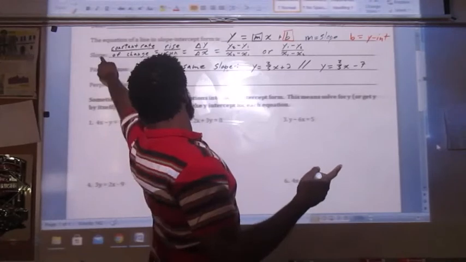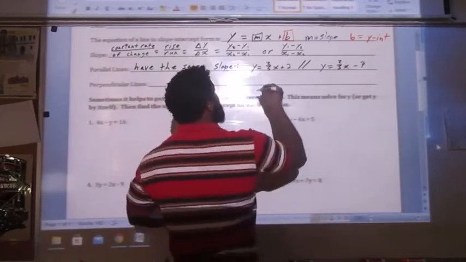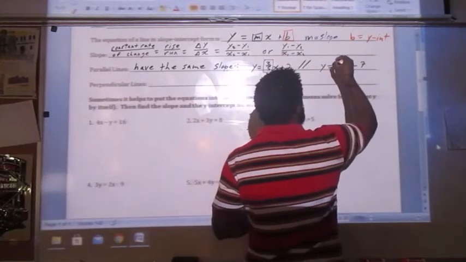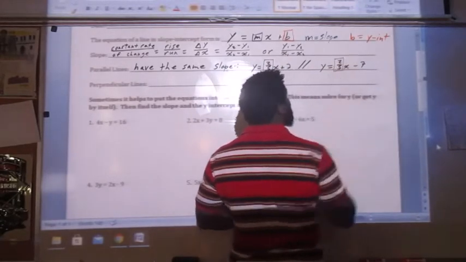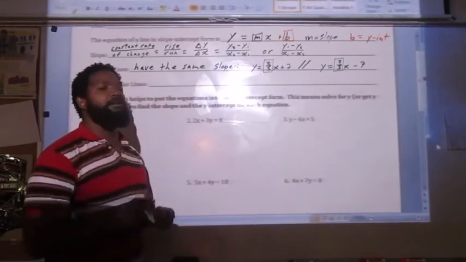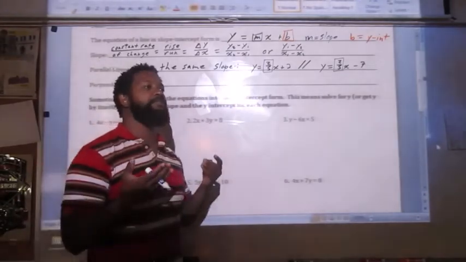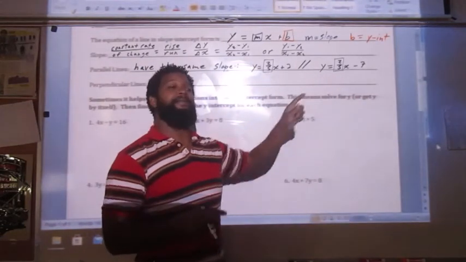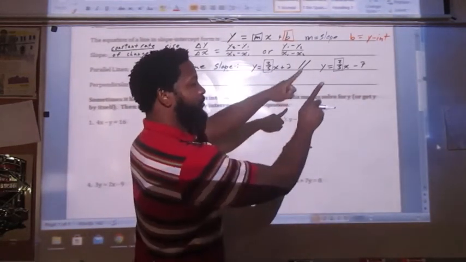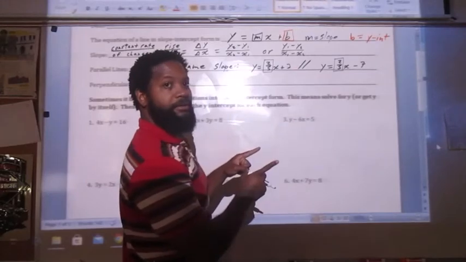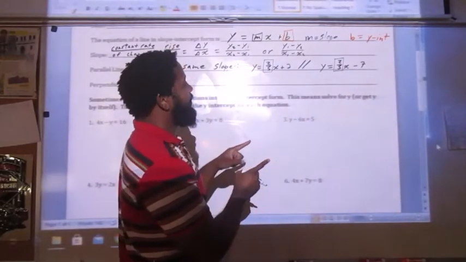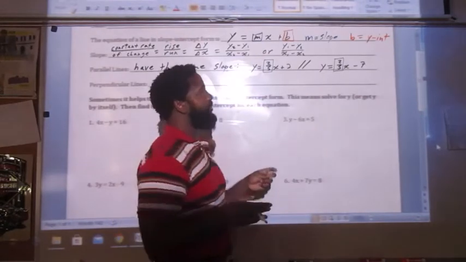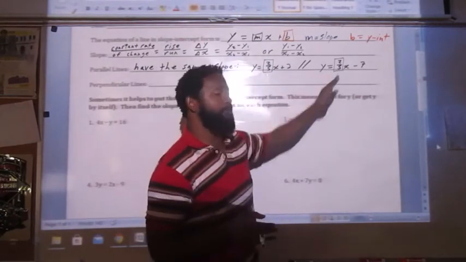They're two very different lines, but they have the same slope and both are going the same way, meaning they will never touch each other. So, that's the main thing you need to know about parallel lines: parallel lines have the same slope.